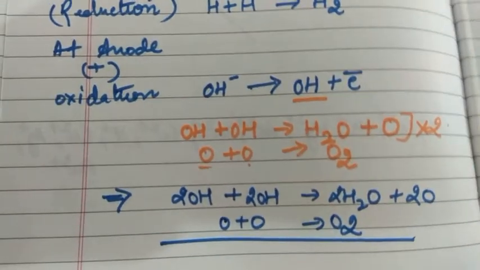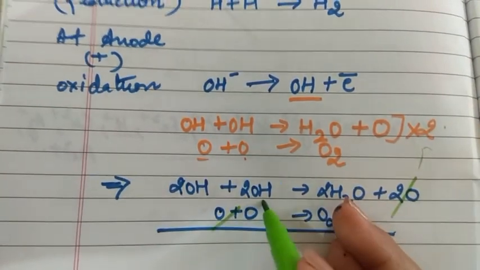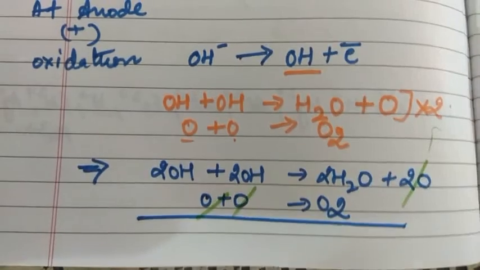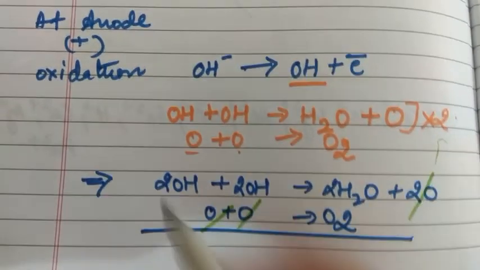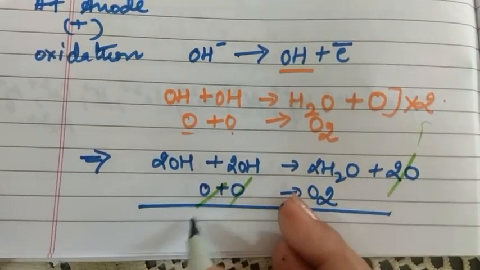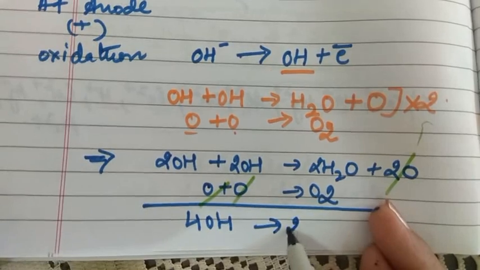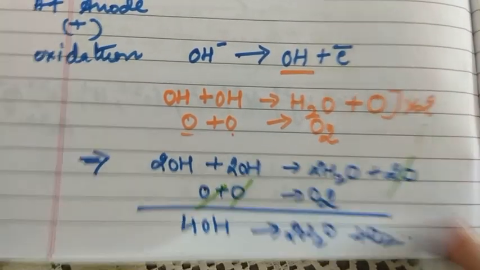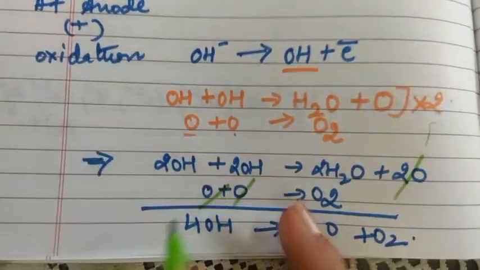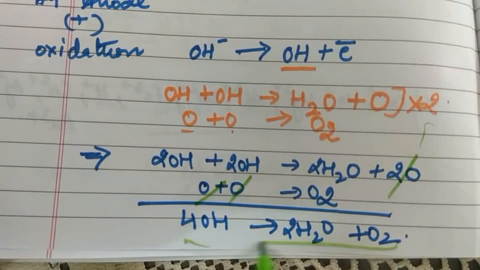Now what will happen here? This and this will cancel. So the reaction will be 4OH will give 2H2O plus O2. In some books this reaction is written directly. So from here we get this reaction.